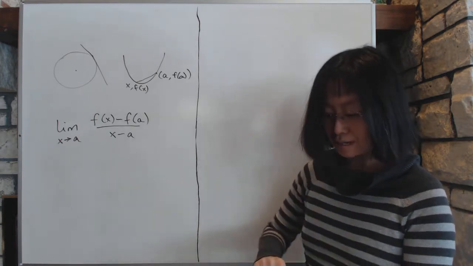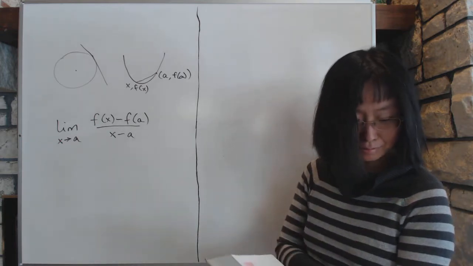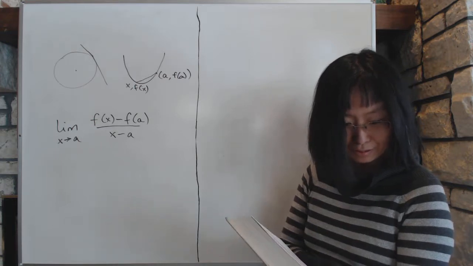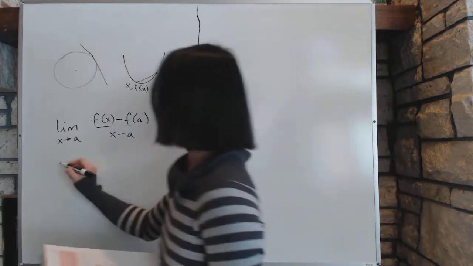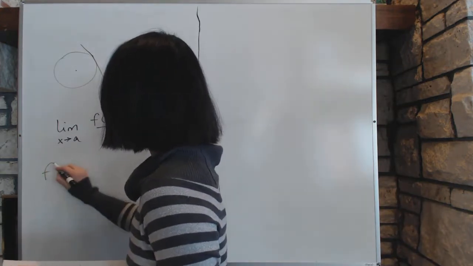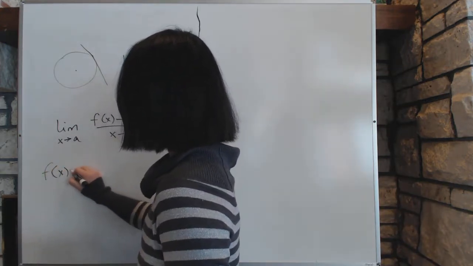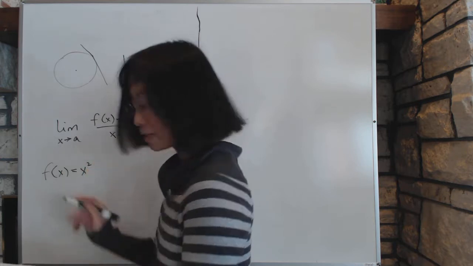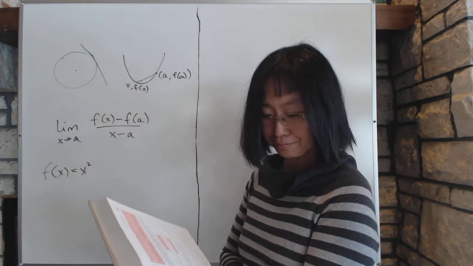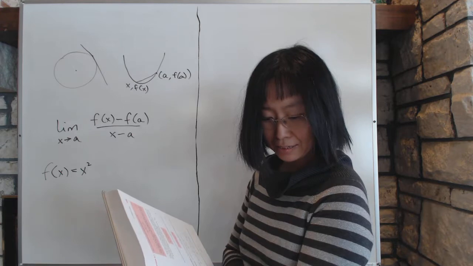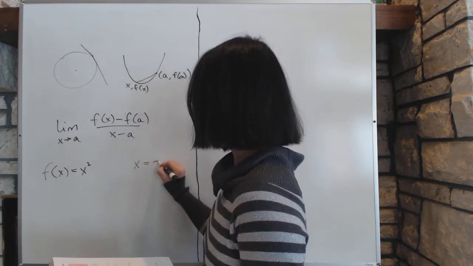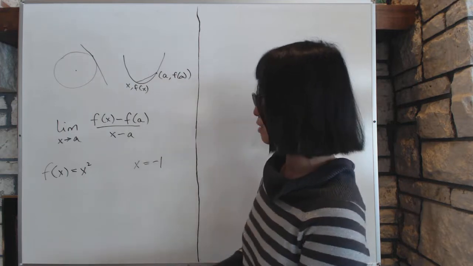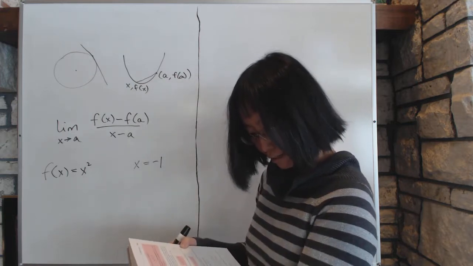As an example of that, let's look at a very simple example. Let's say we look at f of x equal to x squared, and we will calculate the tangent at, say, x equal to minus 1. What is the tangent of this thing at x equal to minus 1?